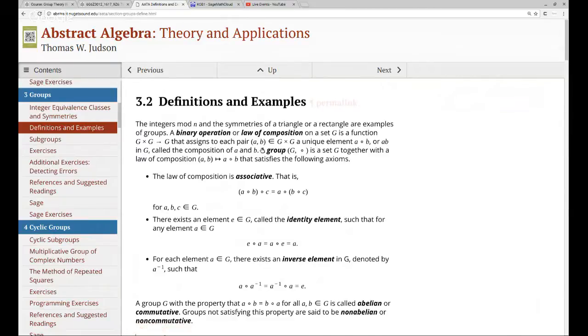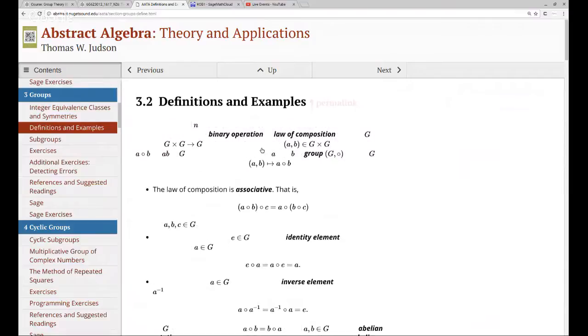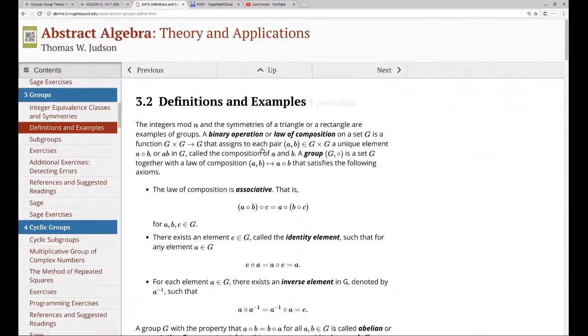So a group is in the setting where you have some set of objects or elements. In various examples, these might be sets of certain types of numbers, or a set of certain types of functions, or a set of certain kinds of matrices, or lots of other situations as well. So you've got a set of elements, and you've got what's known as a binary operation, which is represented here as a circle.